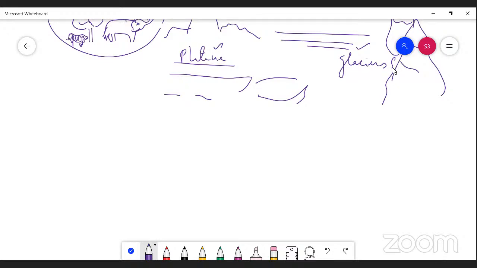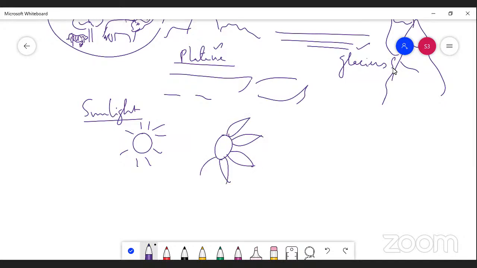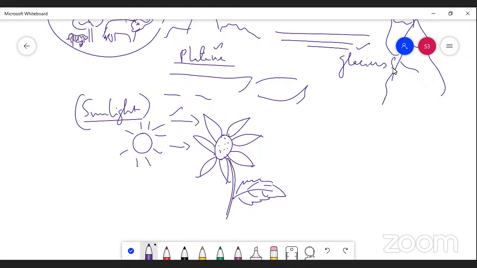For example, the sunflower responds to sunlight. It moves towards the sunlight in any direction. The sunlight is the stimulus, and the movement is the response.